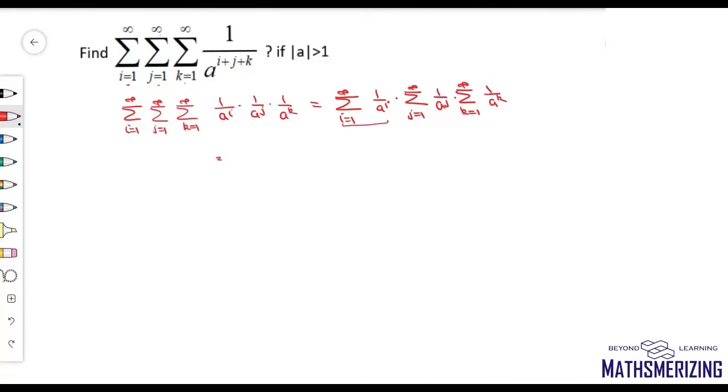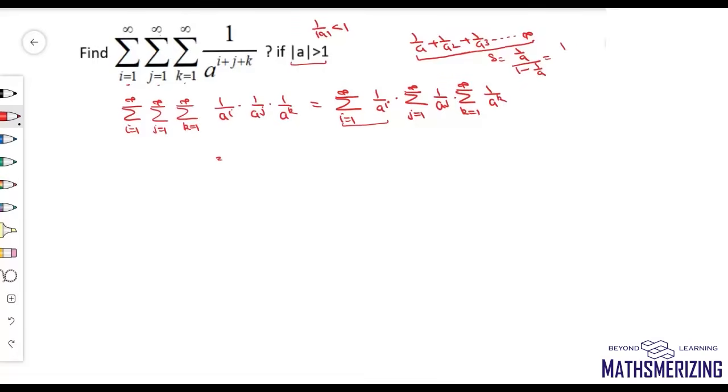Now each of the series is nothing but a geometric progression. So it is 1 upon a plus 1 upon a square plus 1 upon a cube up to infinity. And since mod a is greater than 1, 1 upon mod a is less than 1. So this infinite geometric progression converges, and its sum is first term upon 1 minus r, where the first term is 1 upon a and r is again 1 upon a.